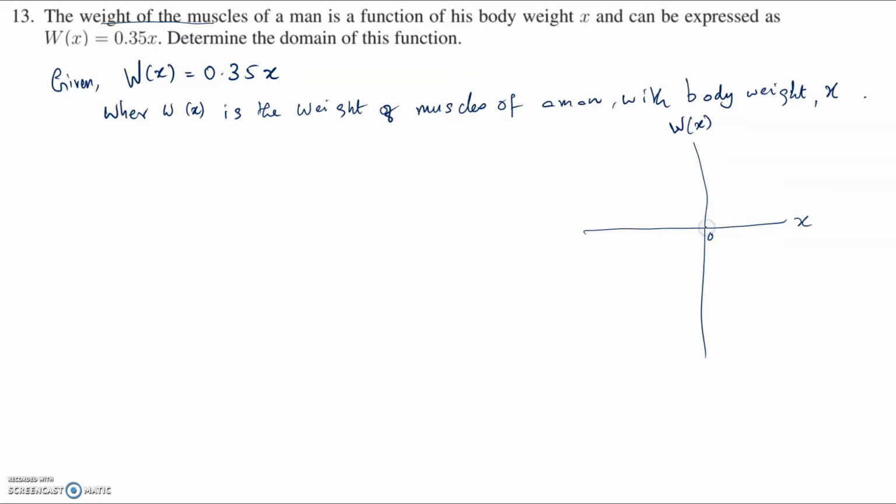So it starts from 0, cannot be 0 of course, above 0. And again, we cannot define the maximum weight of a person. So we're going to consider this in the range 0 to infinity, and we know that it's an increasing function. As x increases, the weight also will increase.